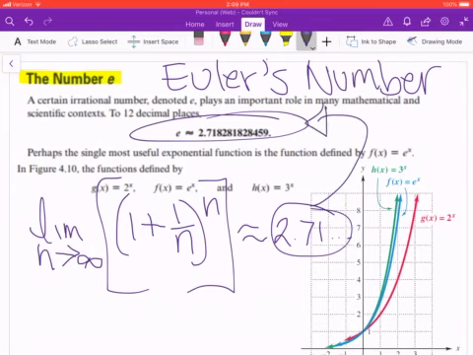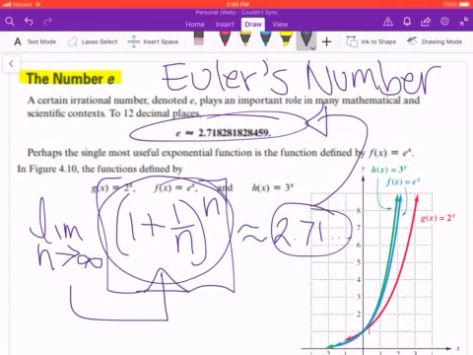It has a lot of significance in mathematics and in science because, as we're going to see in chapter 5, we're going to cover things such as compound interest, and we're going to use something very close to this formula. Here the letter n represents the number of compounding periods.